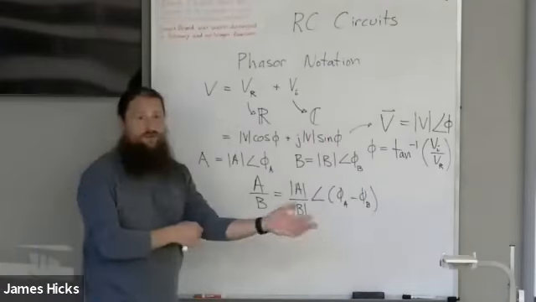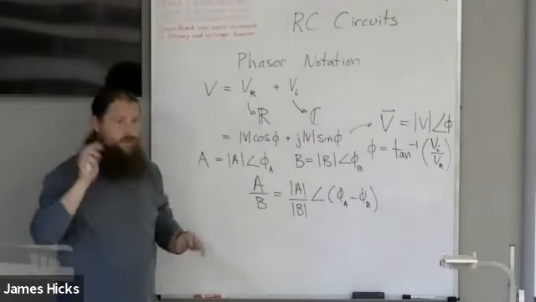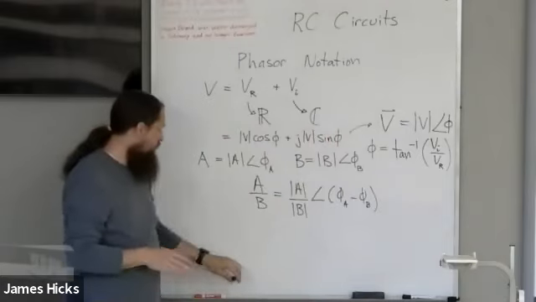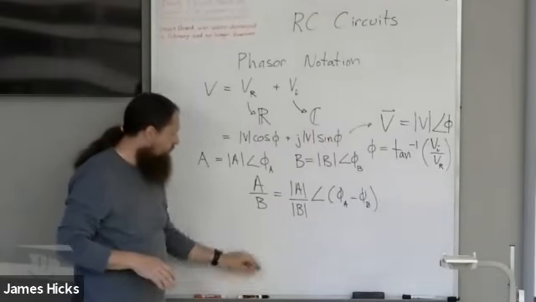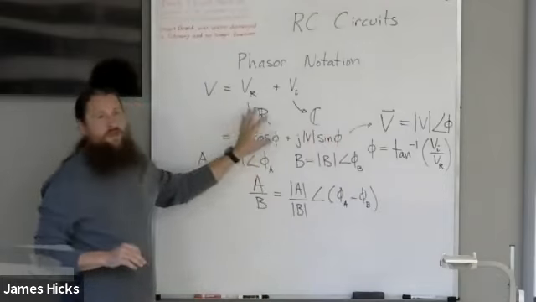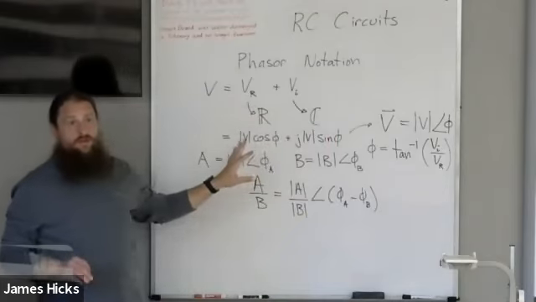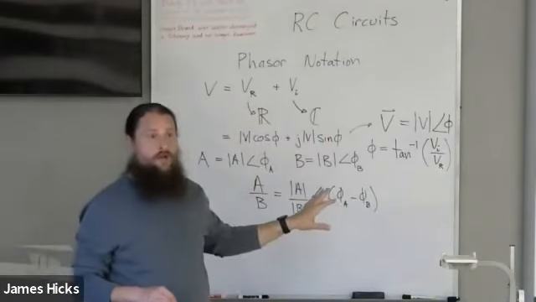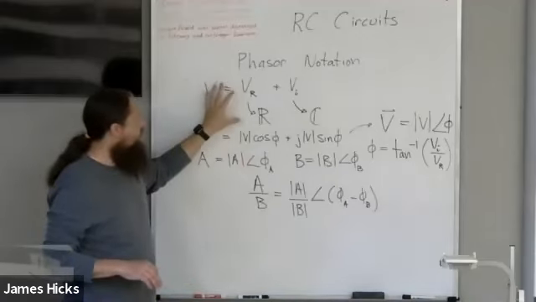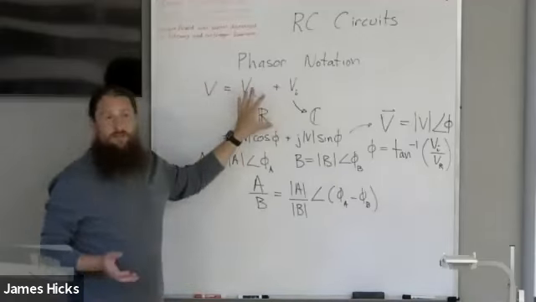So here's where I'm going to make a little bit of a distinction. This behaves a lot like we're doing vectors, and that's really what's going on with putting in these complex numbers.